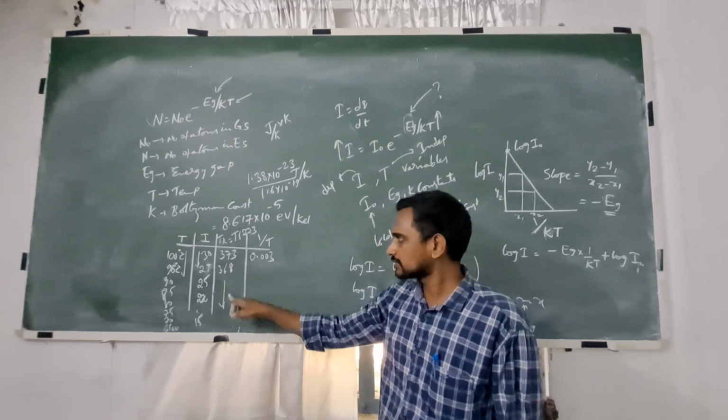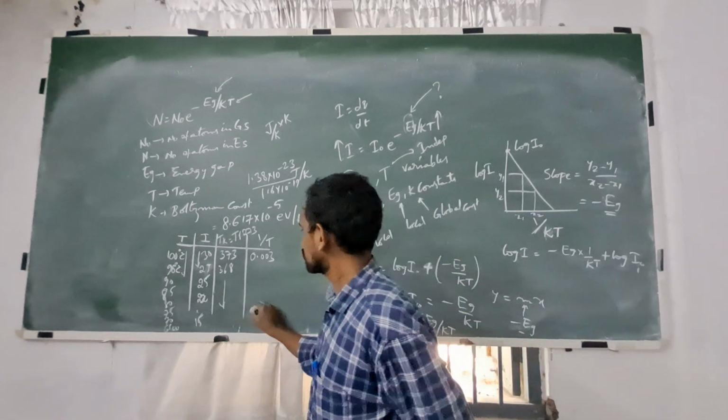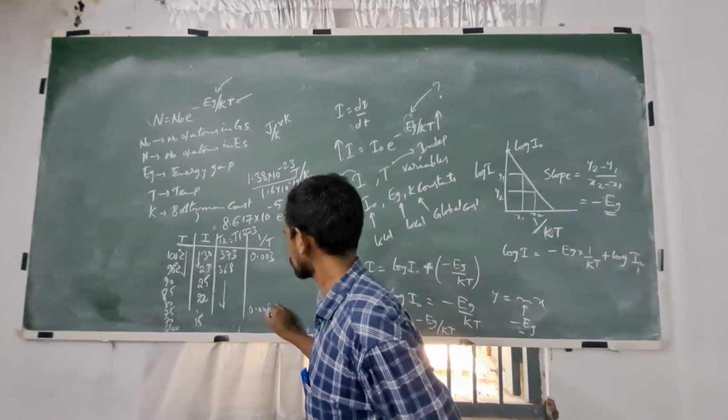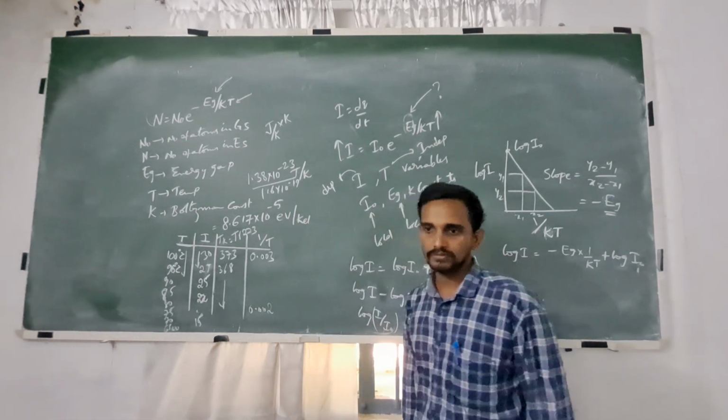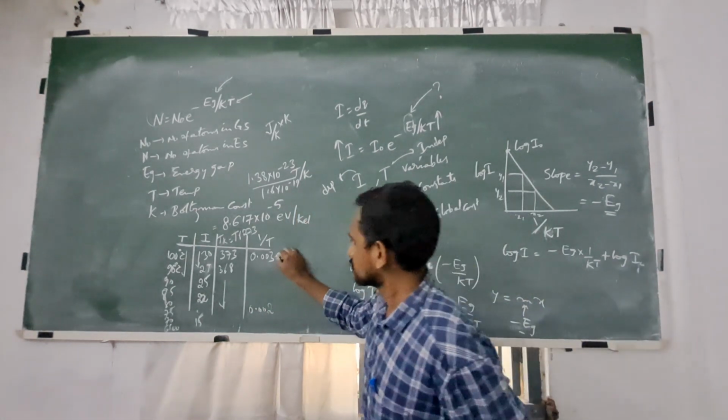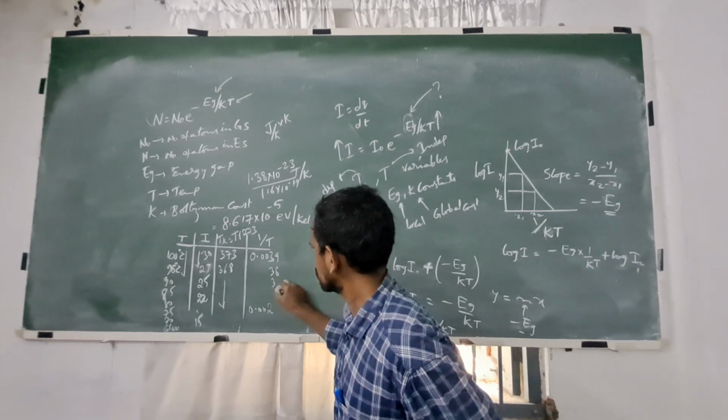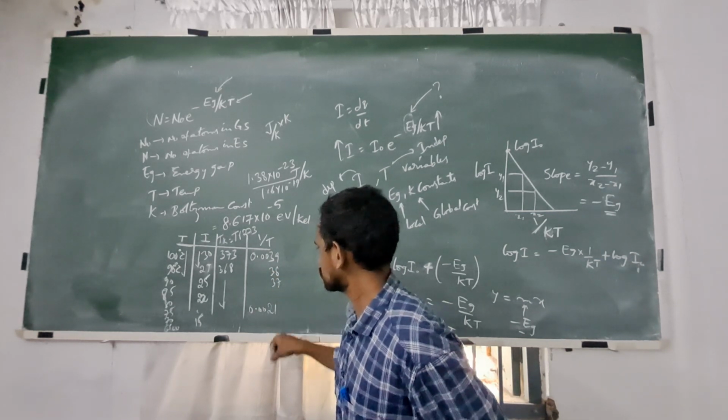And this number is falling. So 39, 38, 37.